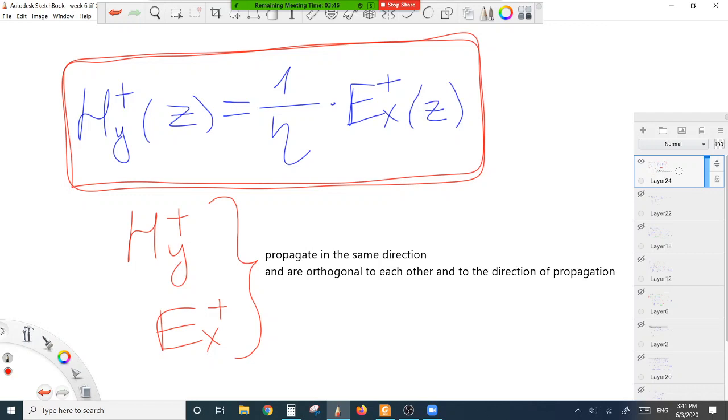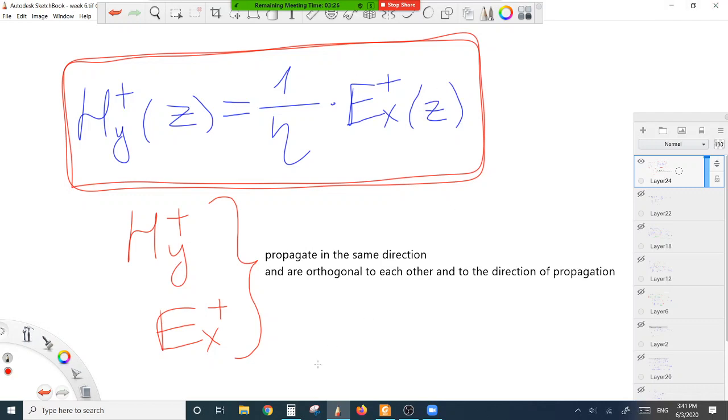This property makes E and H, the electric field intensity and magnetic field intensity, transverse electromagnetic waves.